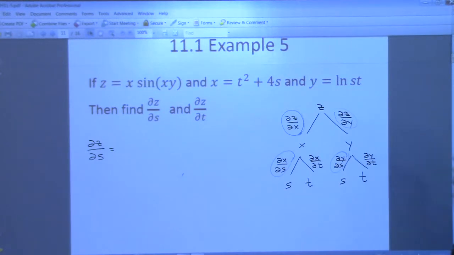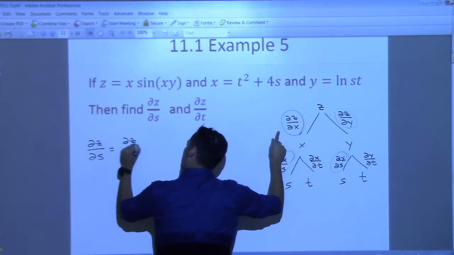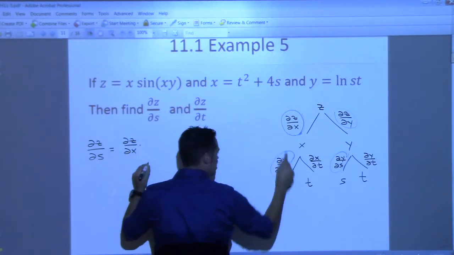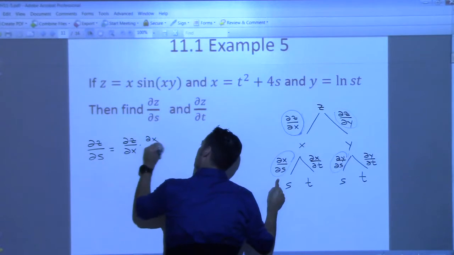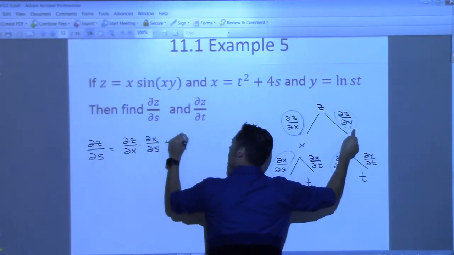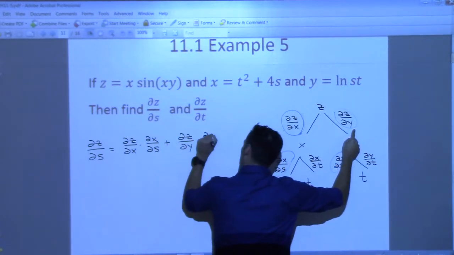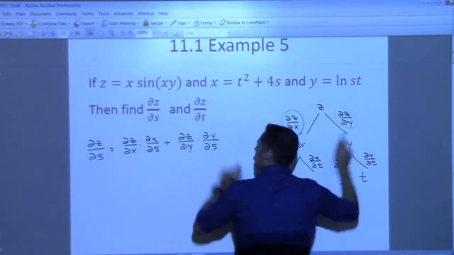That make sense? Okay, so here it is. It's going to be partial z with respect to x times partial x with respect to s plus partial z with respect to y times partial y with respect to s.